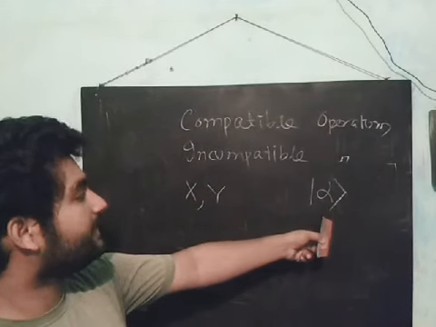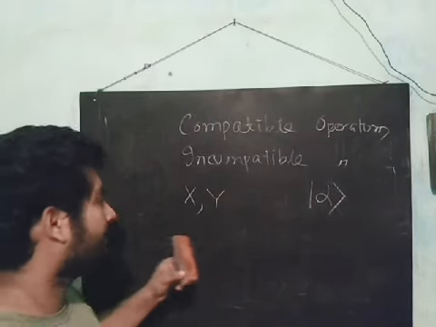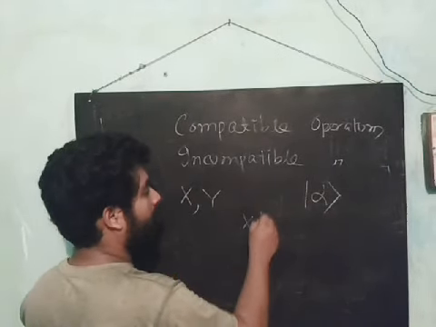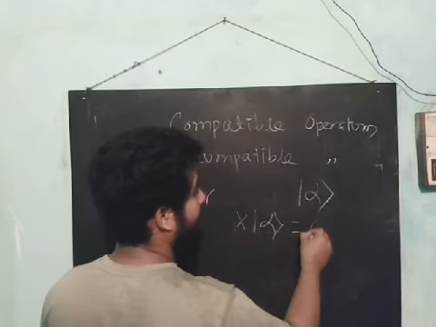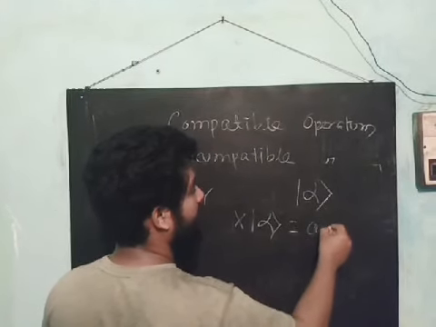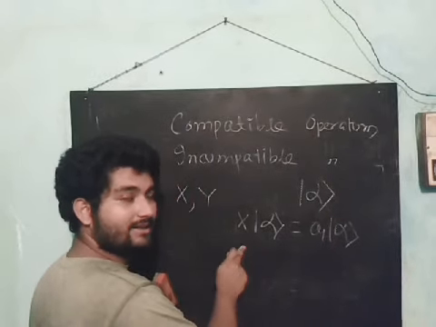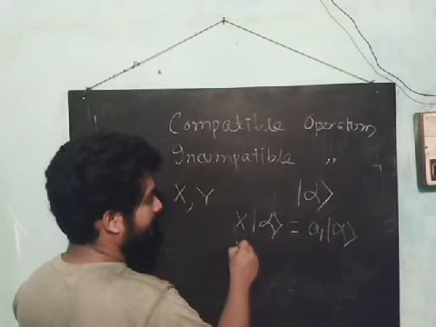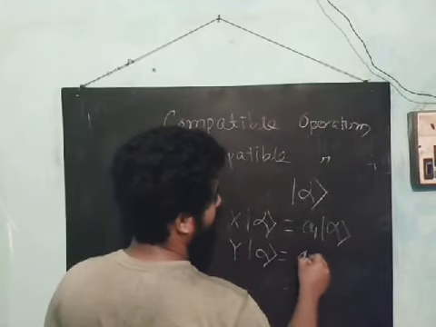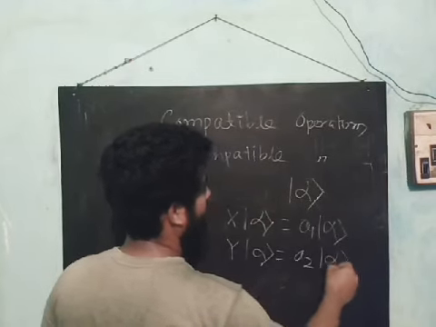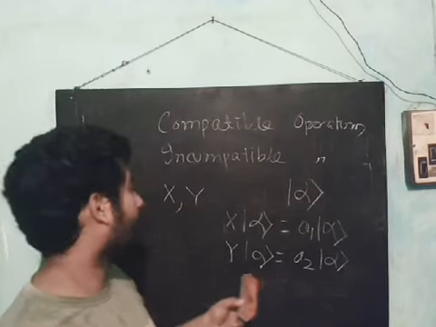If alpha is an eigenstate for both X and Y, like if X operates on alpha, I will get an eigenvalue, say a1, with alpha. So alpha is an eigenstate for X, and if Y operates on alpha, I get a2 alpha. So alpha is also an eigenstate for Y.